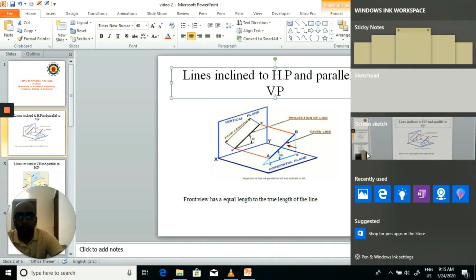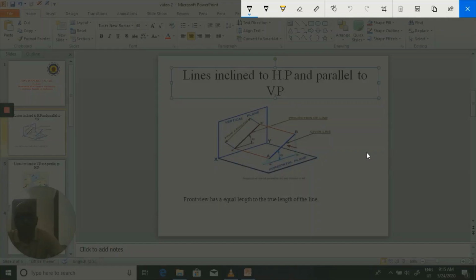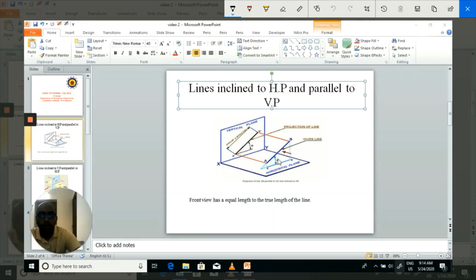So you can see here a line AB which is inclined to HP. This is the horizontal plane, HP. This line AB is inclined to HP and it is parallel to the vertical plane.